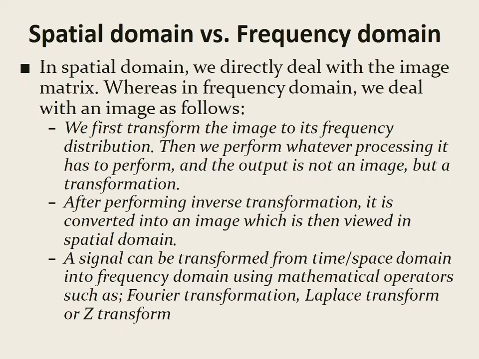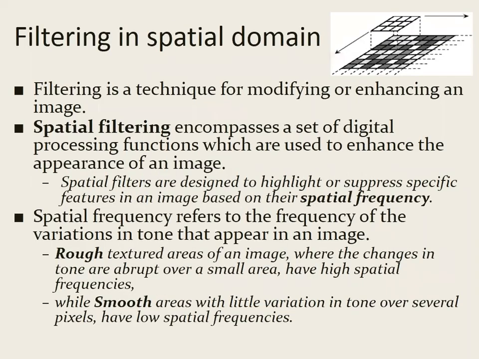So using the different transformations, the Fourier transformation, Laplacian transformation, cosine transformation, Z transformation, we can reduce the effect of periodic noise, and then we can transform back to the spatial domain, and then apply the image analysis and image understanding.